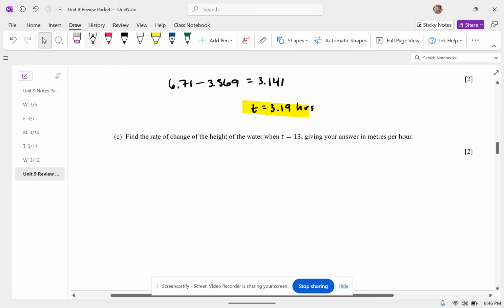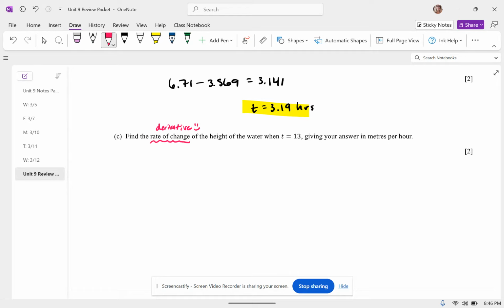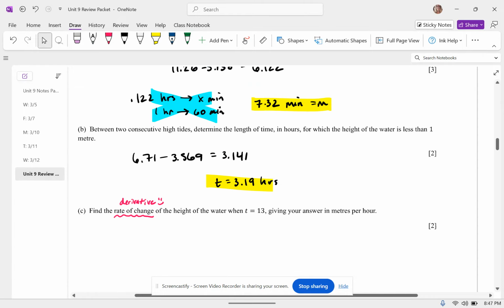All right. Now part C says find the rate of change. I want you to go ahead and underline rate of change because we know that that means derivative. Derivative of the height of the water when t equals 3, giving your answer in meters per hour. Okay, so I have the original function?